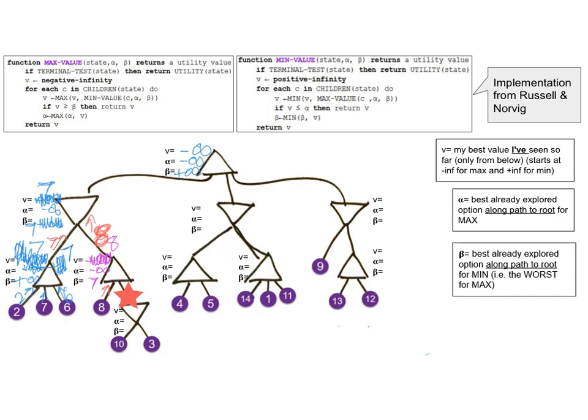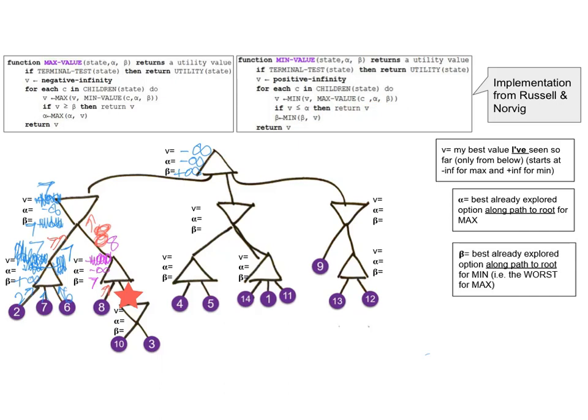So where are we? We are just passing an 8 back up to this min node. So we were in here and we passed an 8 back from below. So now we look at this code and we say v is going to get the minimum of whatever it is right now and whatever we got from below.